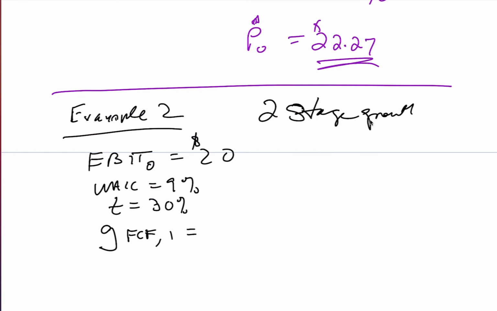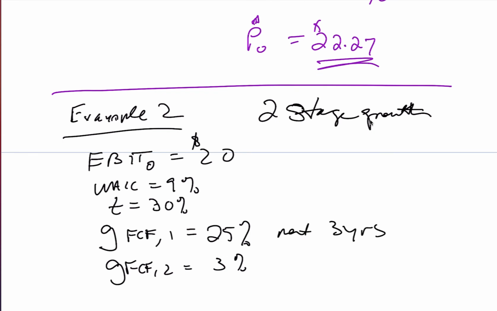So the first stage will have a 25% growth rate, really high. And then the second stage will be a more realistic 3%. And by the way, this first stage will be for the next 3 years. And then starting in year 4 to infinity, we'll get that 3% growth rate.